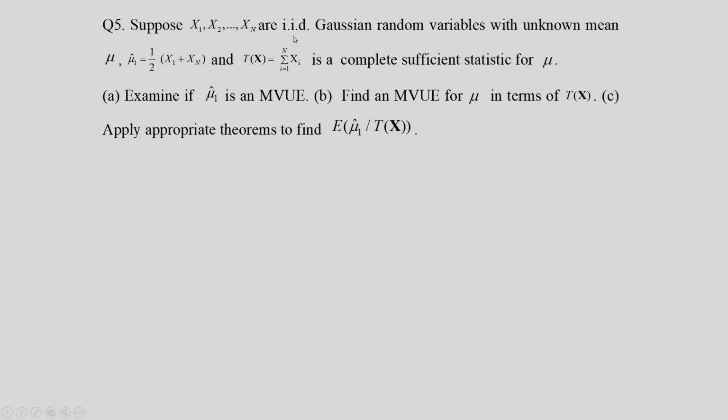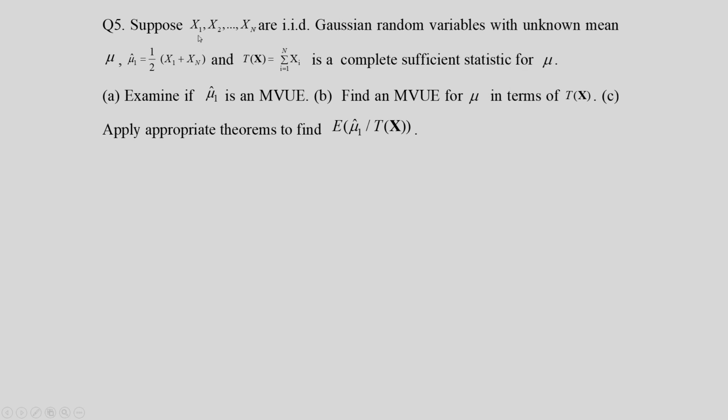Suppose x1, x2 up to xn are IID Gaussian random variables with unknown mean mu. Mu1 hat is equal to half of x1 plus xn, and Tx is equal to summation xi, i going from 1 to n, is a complete sufficient statistic for mu.